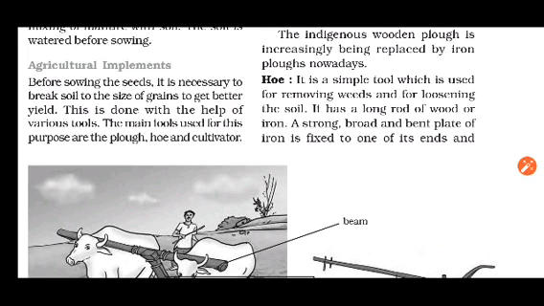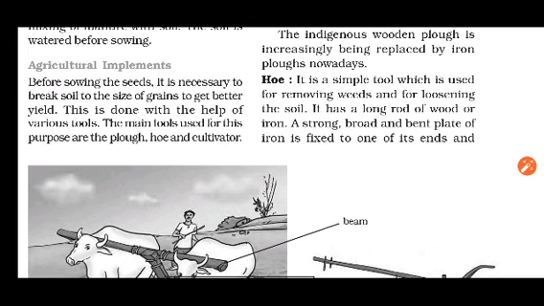Agricultural implements. First of all, let me clear the concept of agricultural implements. What are they? Agricultural implements are all those tools which are used by farmers to do agriculture.